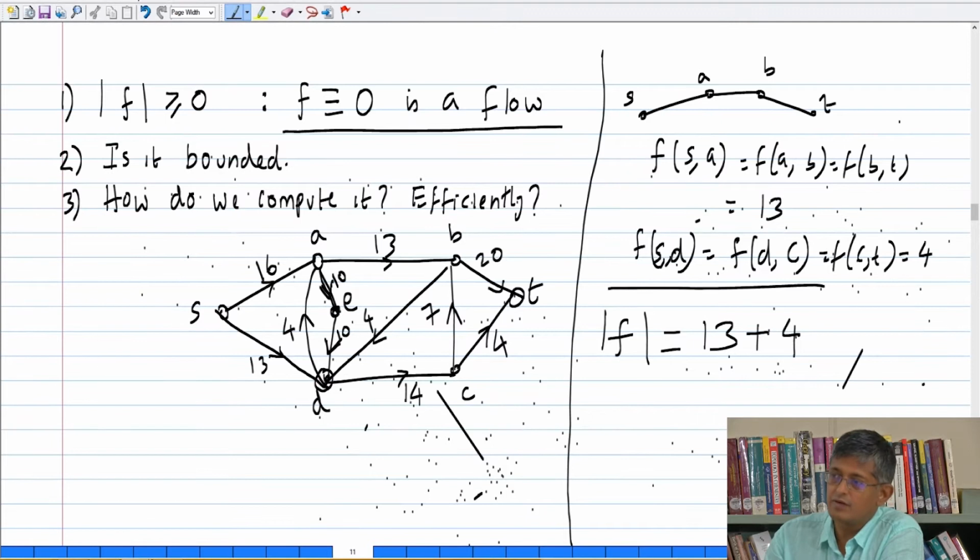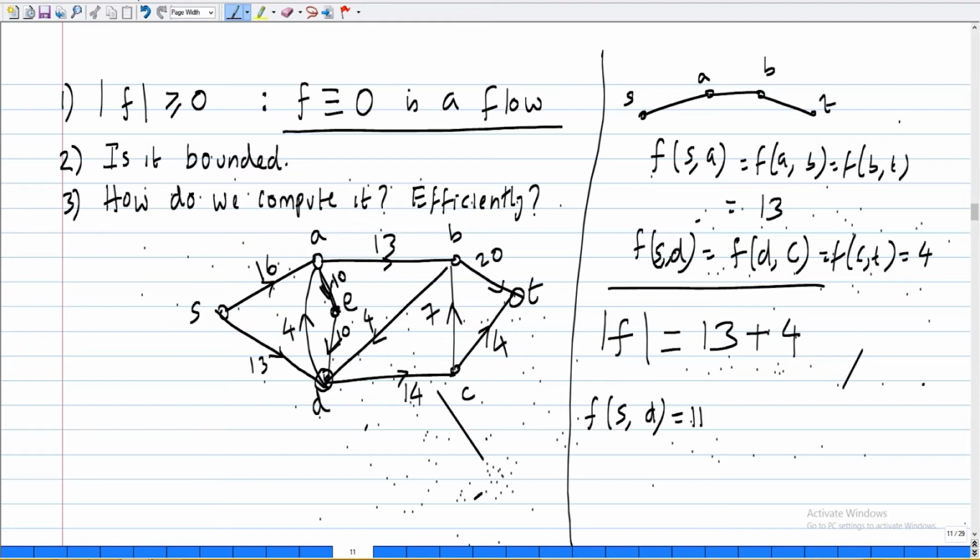So therefore it looks like I can add, but now you have to update the flow. f of s comma d is going to be 4 plus 7. It is going to modify, right? That's going to be 11, and f of d comma c, what is that going to become? That's also going to be 11, right? And then that 11 is going to split into 2 parts, right?